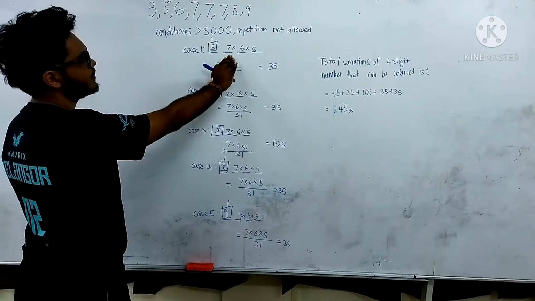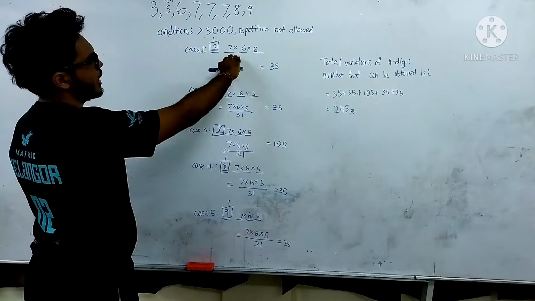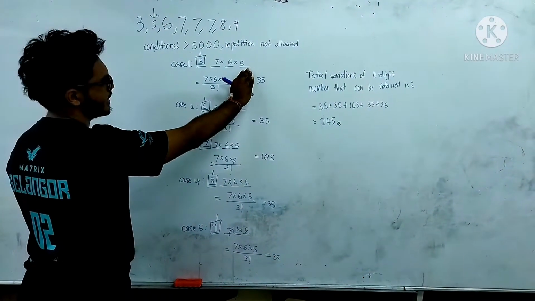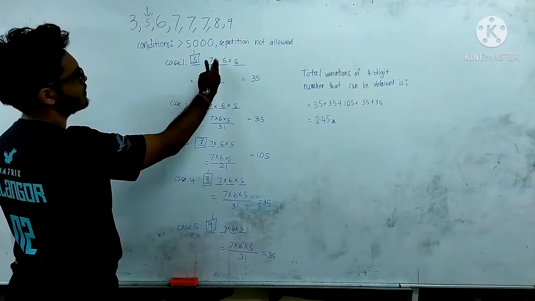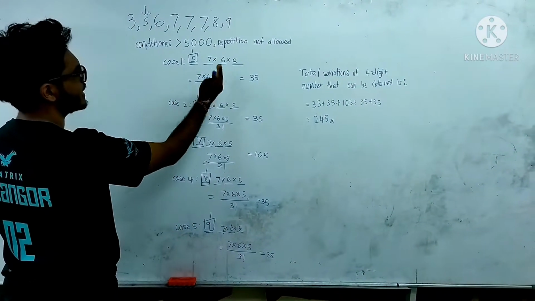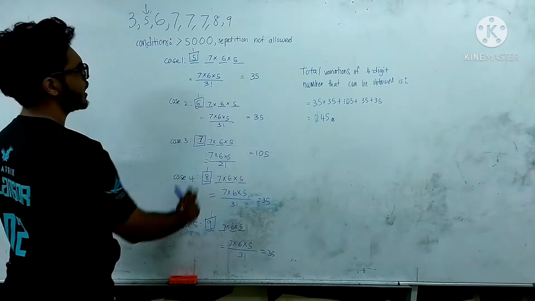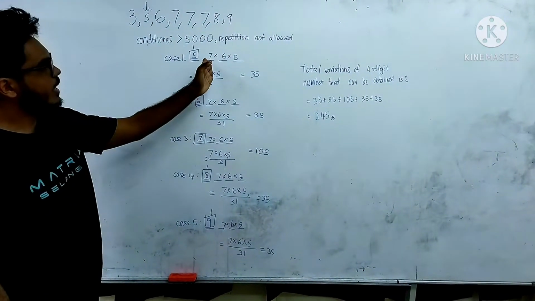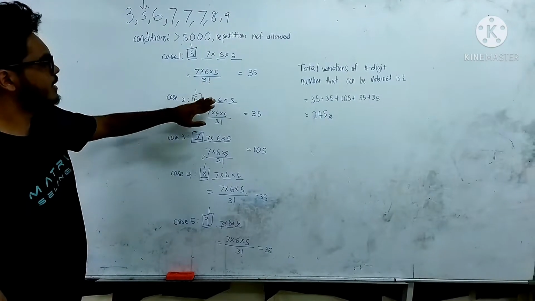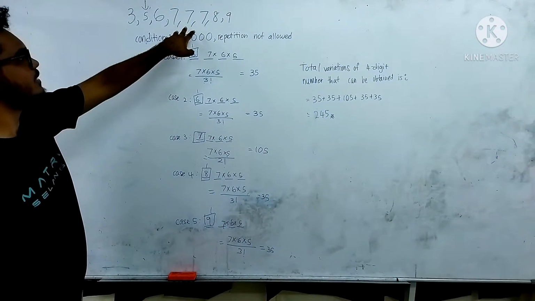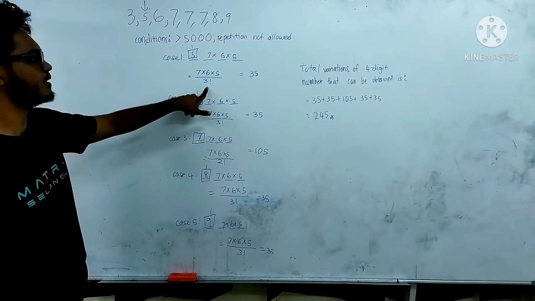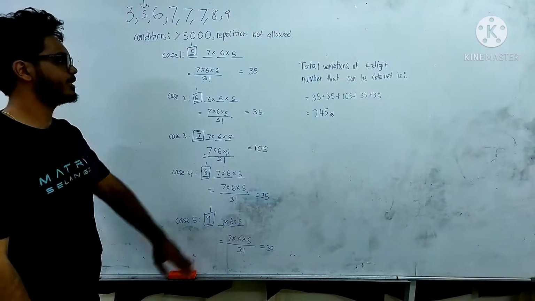The first spot will be filled by 7 numbers, the next spot by 6 numbers, and the next spot by 5 numbers, since one number will be taken at each place. Then the value must be divided by 3 factorial because we have 3 similar numbers, which is 7. We have three 7s, so it must be divided by 3 factorial. Therefore, we will get 35.